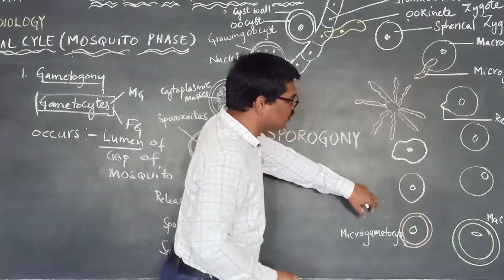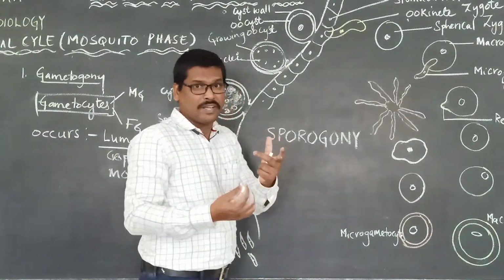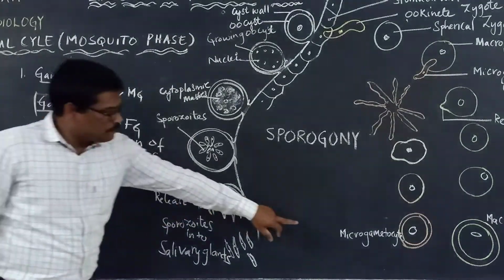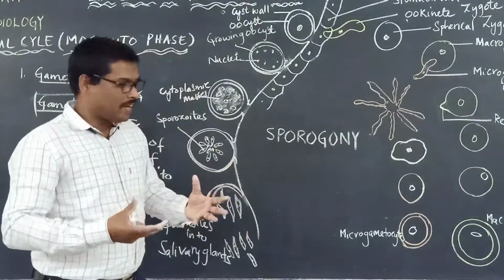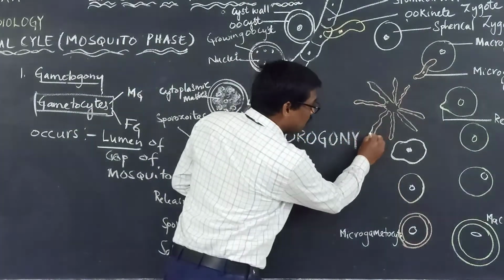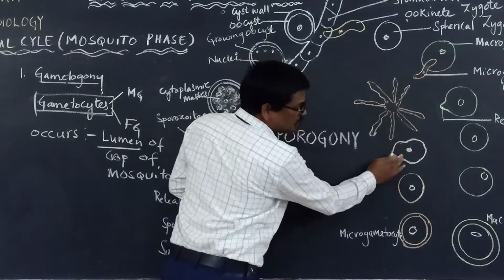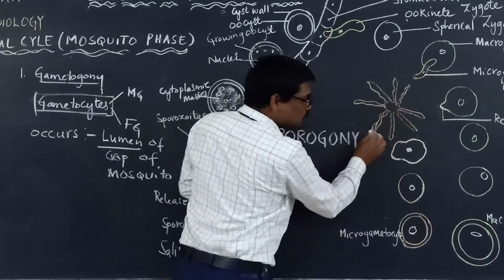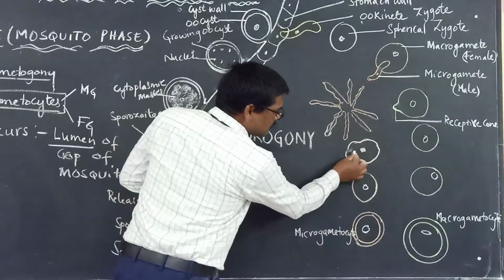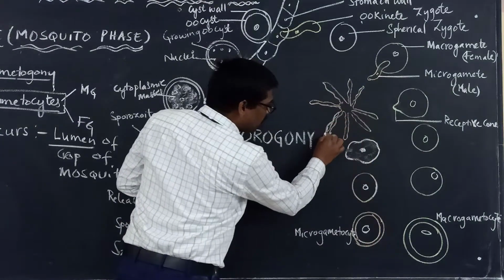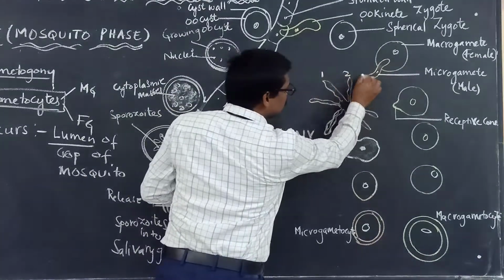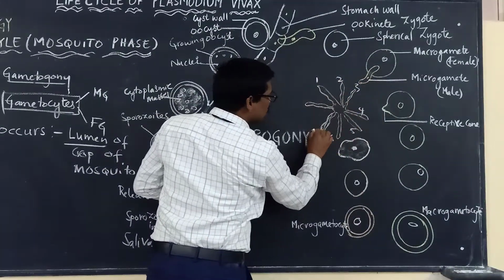As this microgametocyte develops, please look at this diagram carefully. The cytoplasm of this microgametocyte will be pushed towards the periphery, and it forms approximately 8 flagellae: 1, 2, 3, 4, 5, 6, 7, 8.